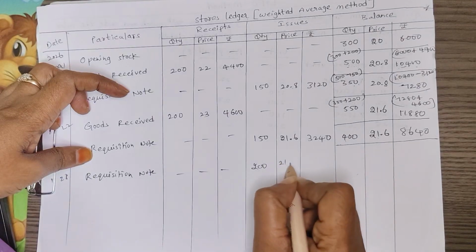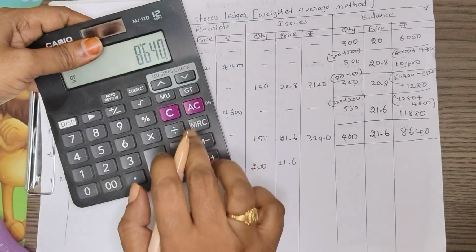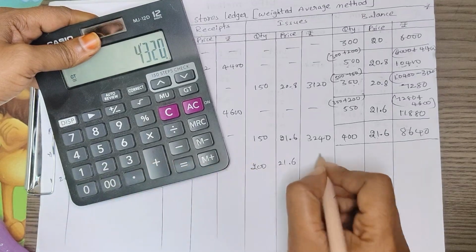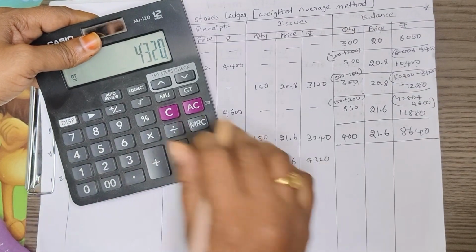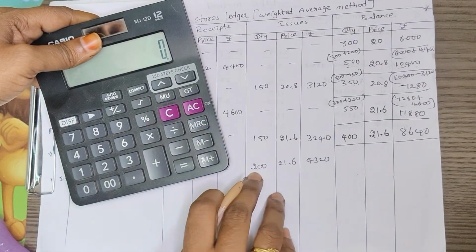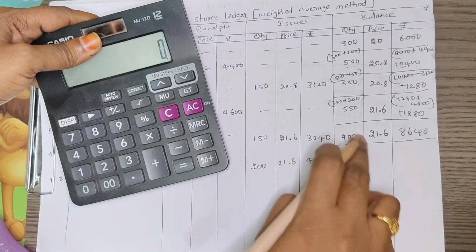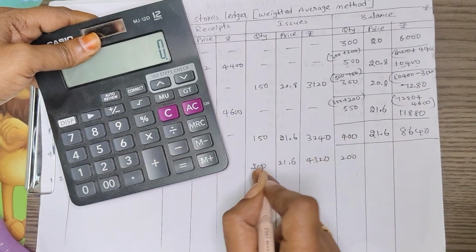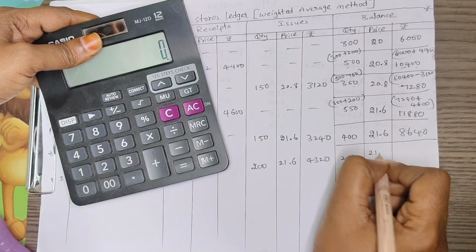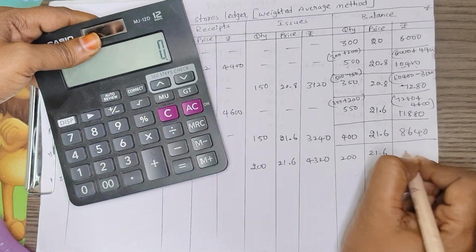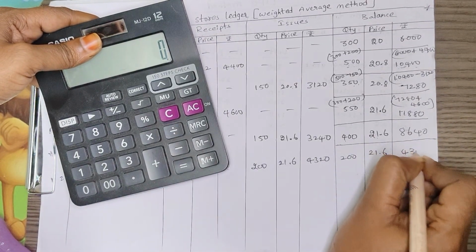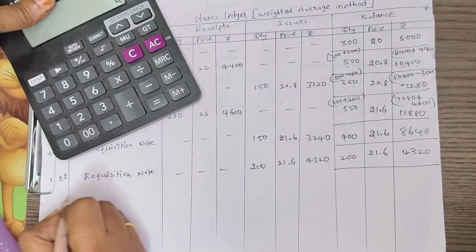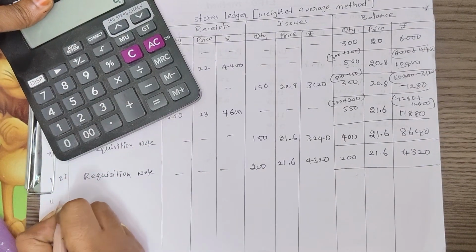Weighted average price 21.6. 21.6 into 200, 4,320. Okay. So out of 400, 200 issued from the store. How much available stock in our store? 200, 400 minus 200. At what price? 21.6. Okay. So what is the value? 4,320. So close this. Then all the transactions are completed.